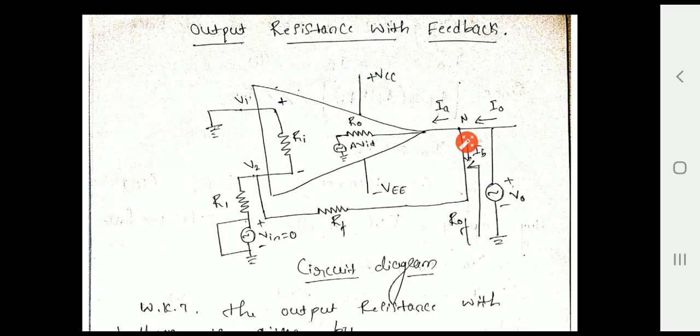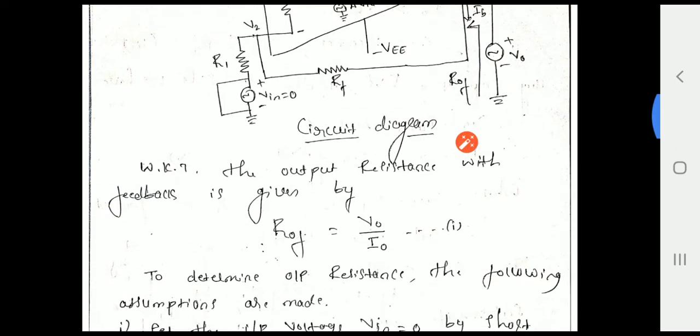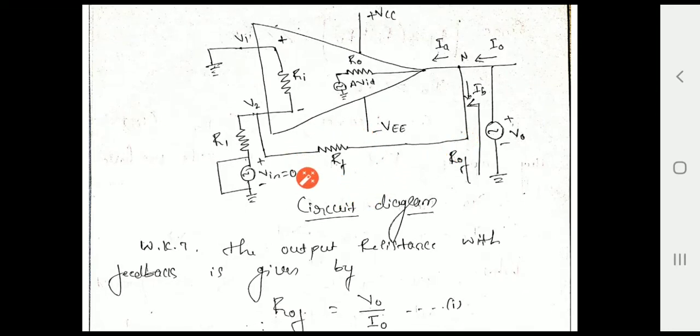Apart from this, this is RF, connected to the node at V2, where R1 is directly connected to ground and RI is also directly connected to ground. So these two are in parallel plus in series with RF.